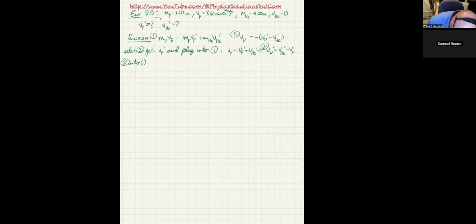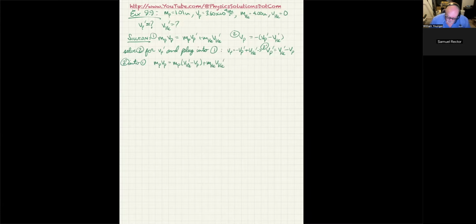that gives us, of course, MP VP is equal to MP times (VHE prime minus VP) plus MHE VHE prime. So now you see you really only have one unknown, VHE prime. That's the whole point in doing this.